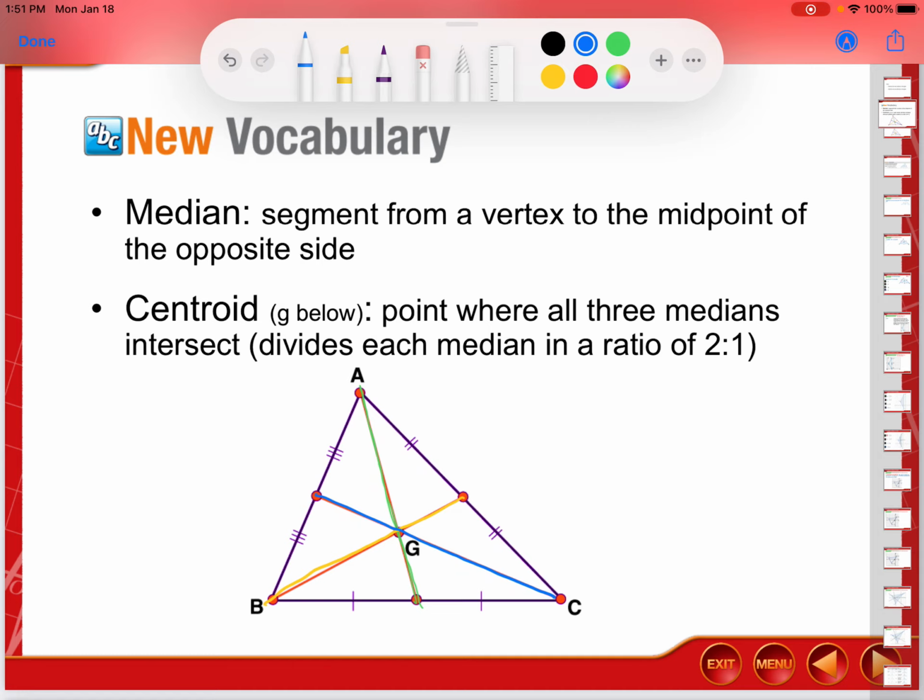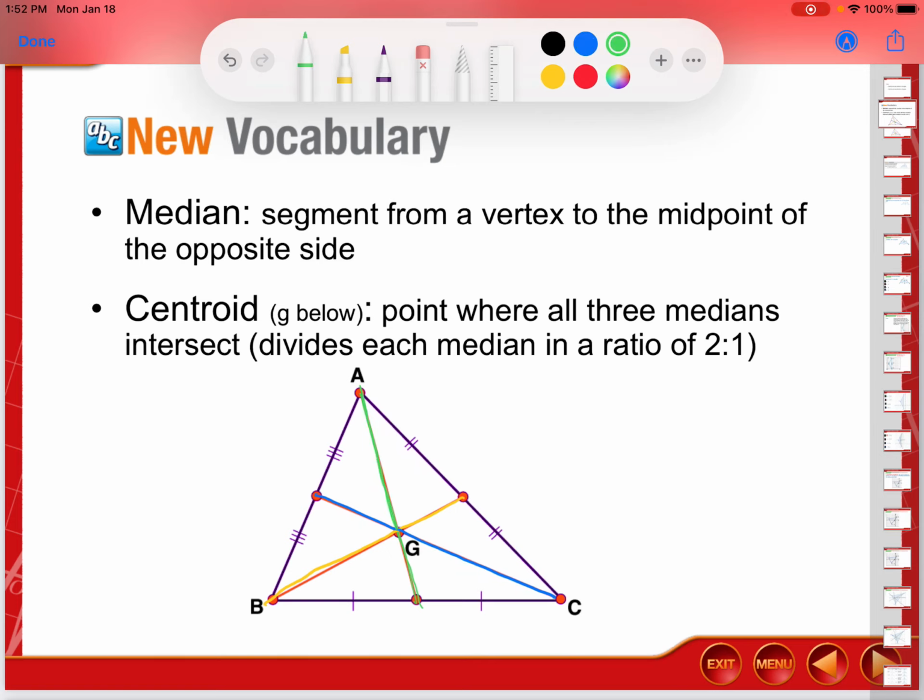The cool thing about these medians is when you find the centroid using all three medians, they're cut up into proportional lengths. The centroid is the point where all three medians intersect, and it divides each median in a ratio of 2:1.